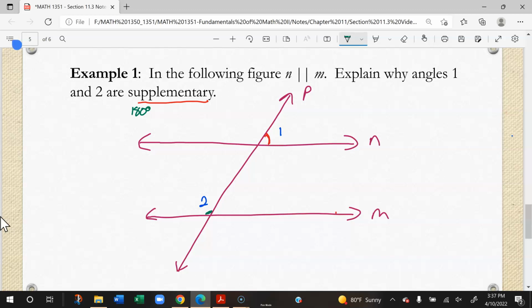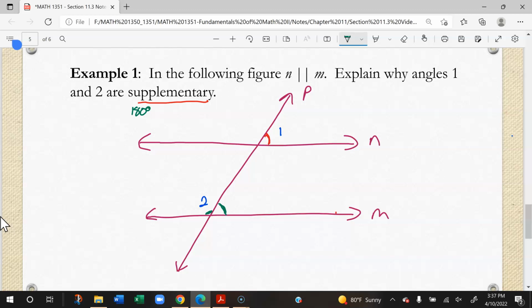Well, based on the theorem that we just stated, corresponding angles are congruent. So if this is actually equal to angle 1, then this angle is supplementary to this angle.